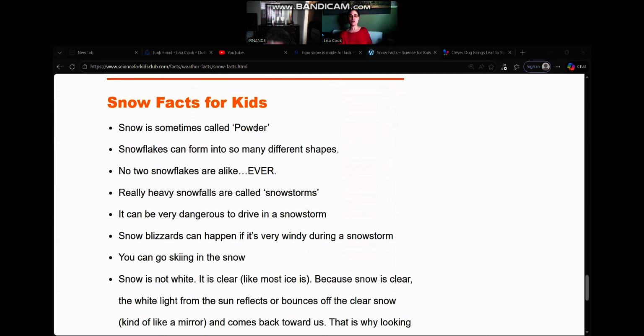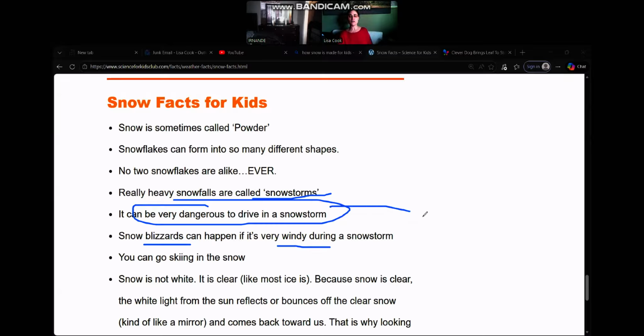So I'm just gonna give you a throw. Yes, there is a snowstorm, but a blizzard is very windy, so it can be very dangerous to drive.